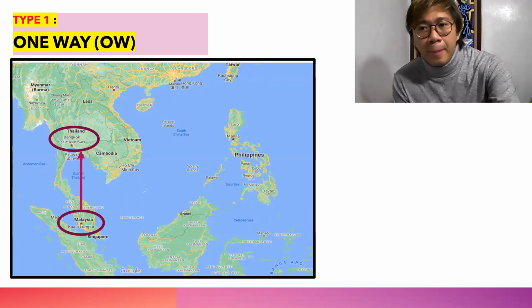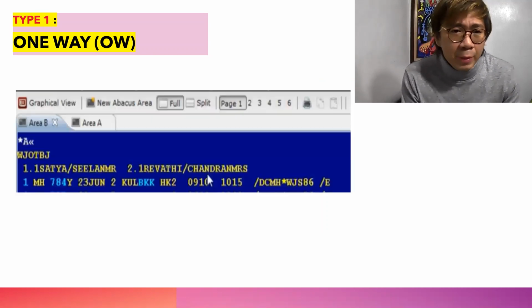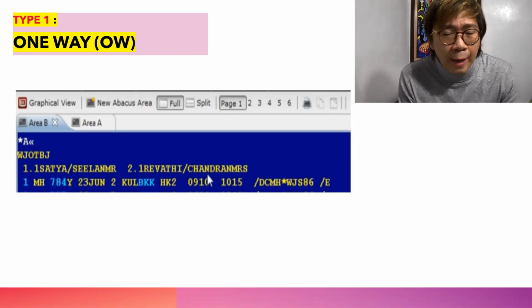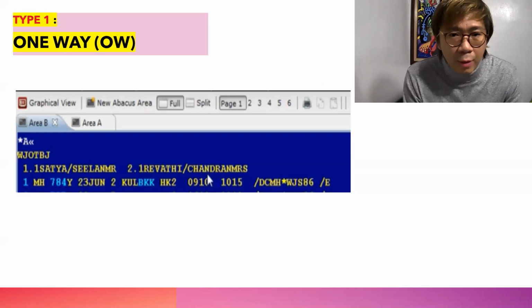So that's it. Now, if we check the GDS or the electronic tools that we use in travel agency, the system would appear like this. I would like to invite your attention to the one which is colored blue.